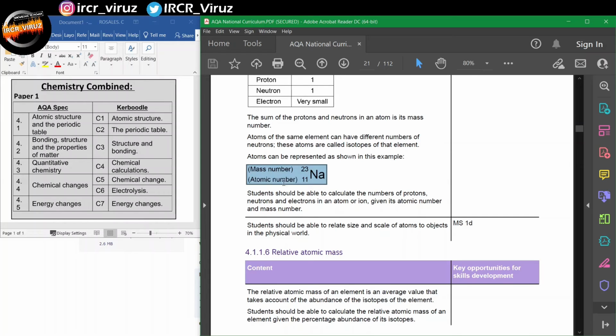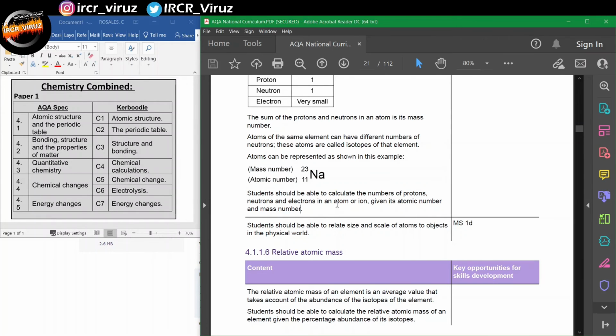The atomic number tells you the number of positives, and the mass number tells you the number of positives and neutrals that you have, okay? So you might get a question where they ask you what is the number of neutrons in sodium. If you know that the positives are 11, all you have to do is take away 11 from 23, because 23, the mass number, is made of the positives, which is 11, and the neutrons, which are neutral. So you just take one from the other and you will have the answer, okay?